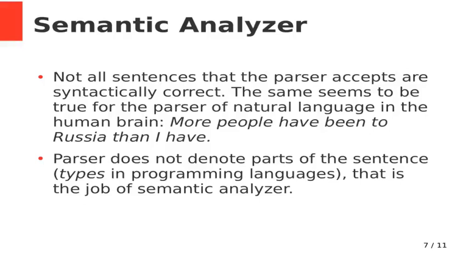The most famous such is, without a doubt, comparative illusion. For instance, more people have been to Russia than I have. At first, this sounds acceptable, but it is actually grammatically incorrect, and no coherent meaning can be attached to it.